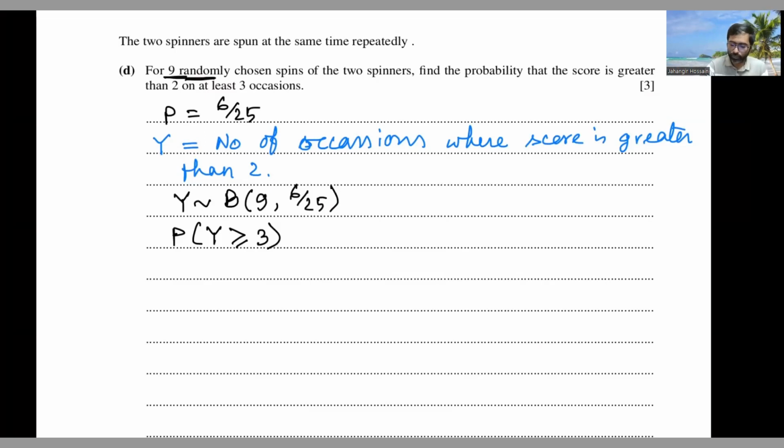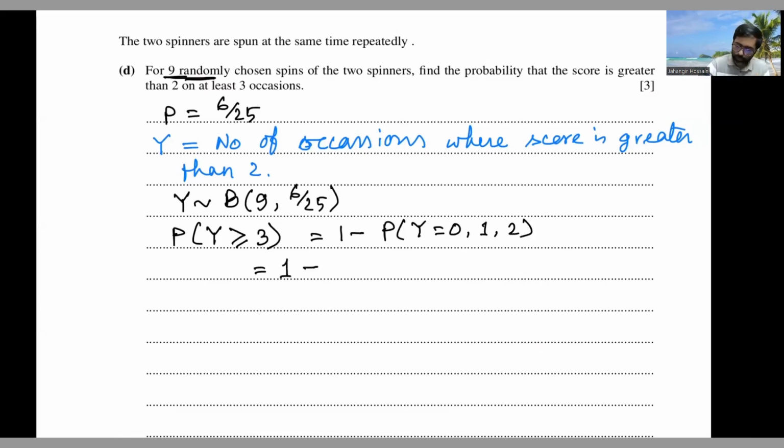So there are how many? Yes, 3, 4, 5, 6, 7, 8, 9. So the only ones that we are excluding are 0, 1, and 2. So why don't we find 1 minus the probability of Y equal to 0, 1, and 2.